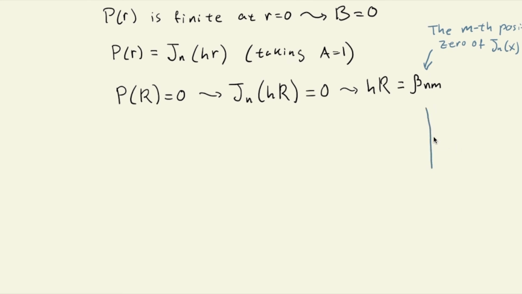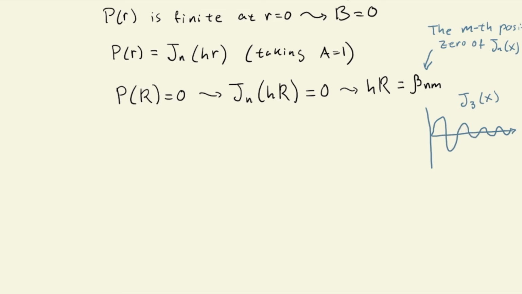A Bessel function of the first kind usually kind of looks like this. Most of them look like this. It's kind of like a sine or something, and then they keep oscillating forever, but they kind of taper down. But say that this is the graph of J_3(x).